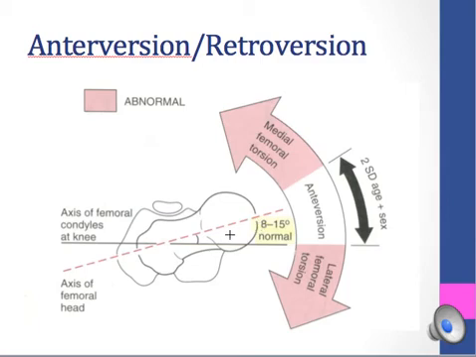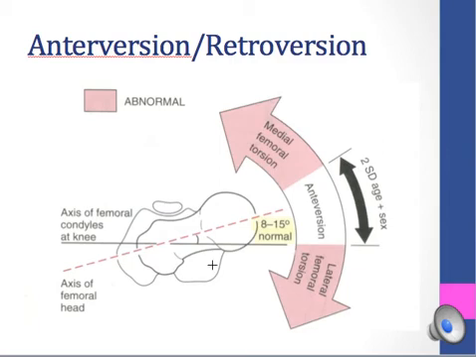And we need that, and we want that. We have to have that in relationship to the position of the acetabulum and the femoral head. But as we start to see that angle go either more medial femoral torsion or more lateral torsion, we see a change in the axis of what happens to the knees.